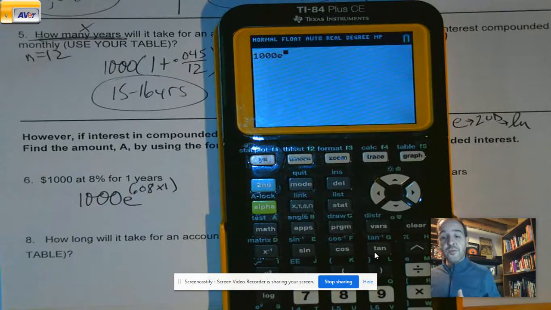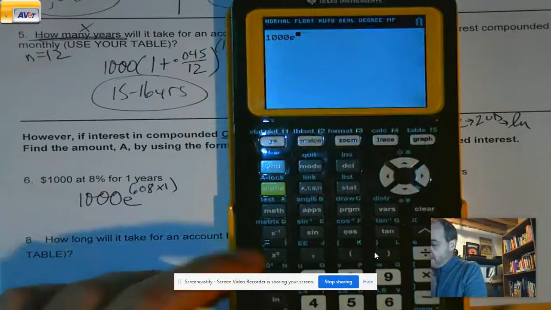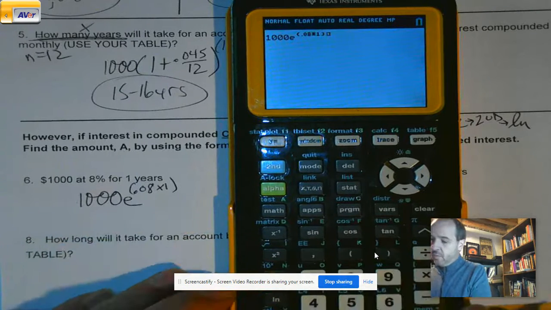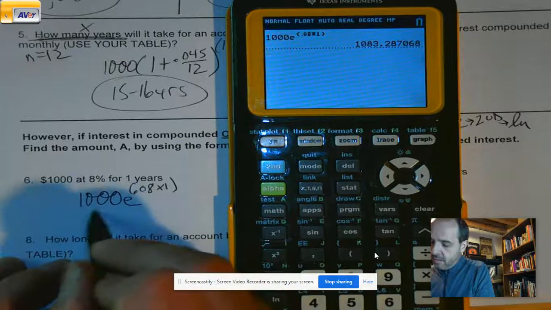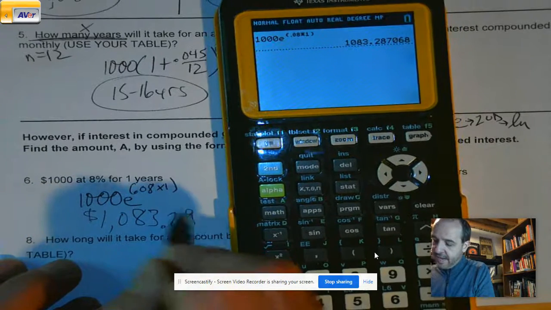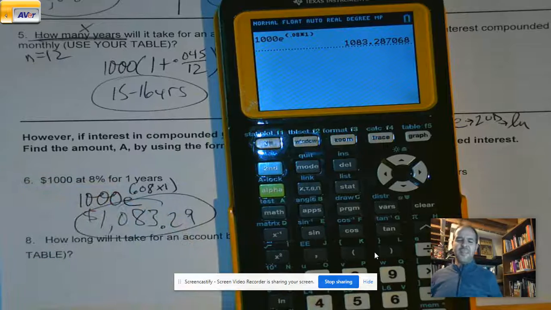Notice it automatically goes up to an exponent for me. 0.08 times 1 year. 1,083.29. Always go to the nearest cent when you're talking about money, unless you're specifically told you can go to the nearest dollar or something else like that.